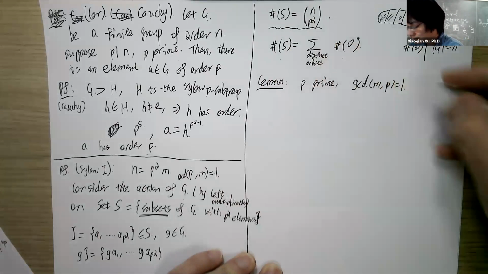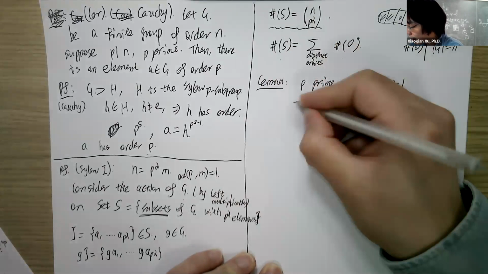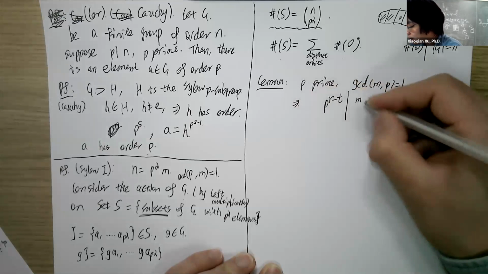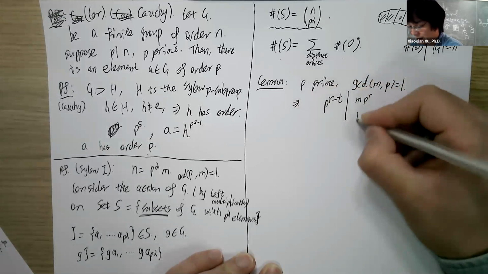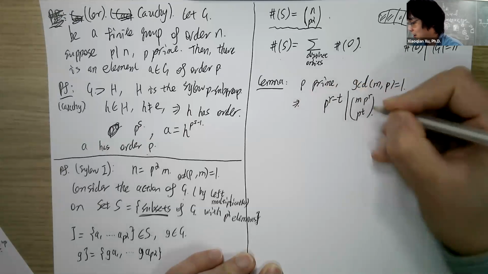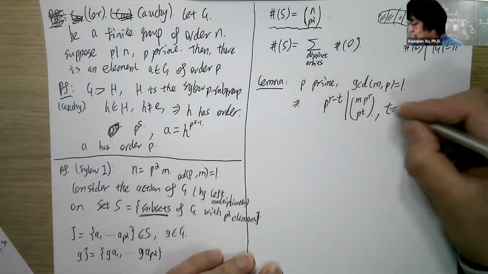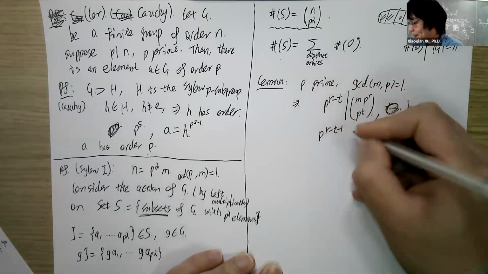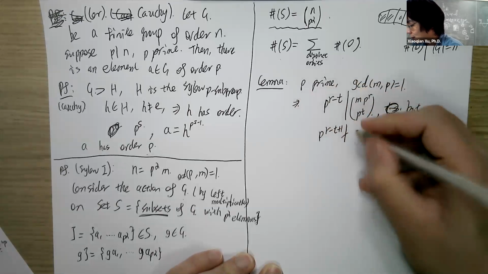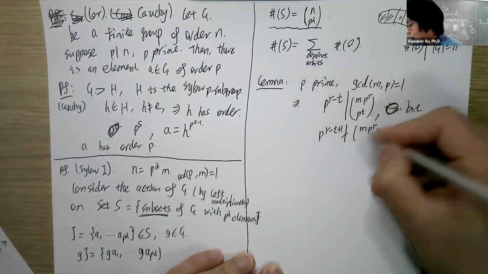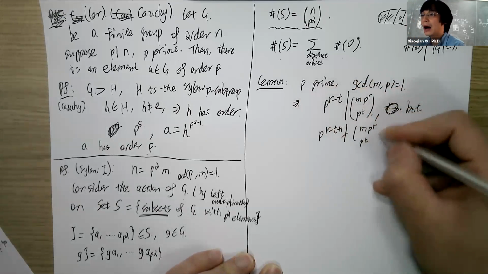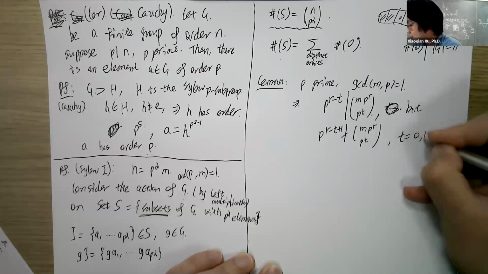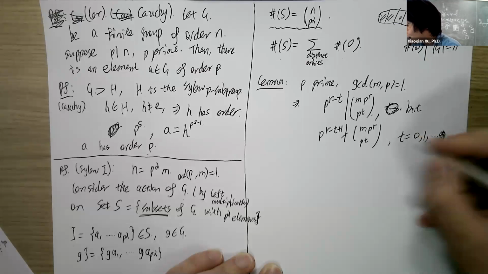Then p to the power r minus t is a factor of (m p^r choose p^t), but p to the power r minus t plus 1 cannot divide (m p^r choose p^t), for t equals 0, 1, up to r.